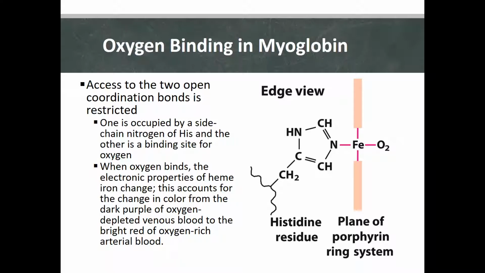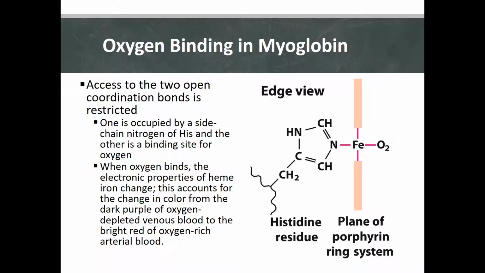So the heme needs to be solvent inaccessible to prevent the occurrence of iron oxidation, which would also prevent binding of oxygen. This is really very significant. Remember, if you go to the grocery store and you find brown colored meat, this is just simply due to the oxidation of that iron.